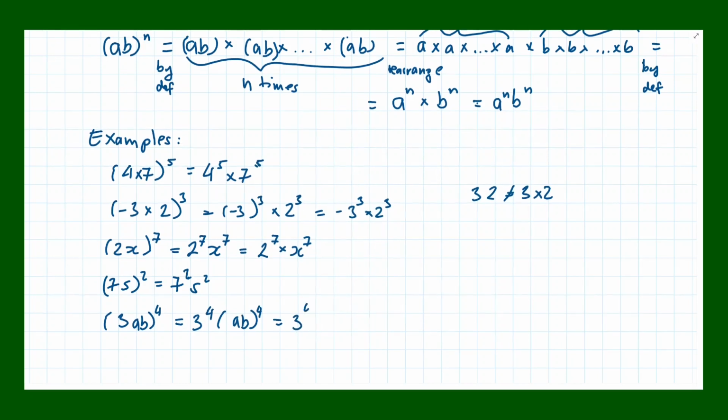So that would be 3 to the 4, a to the 4, and b to the 4. So you can break down the calculation into stages. First, you decide which 2 you want to apply the rule to. In this case, we did the 3 and the ab, and then we applied the rule again to the ab. So next time, when we're going to do 3 terms, we can just do it straight away and apply the rule term by term.